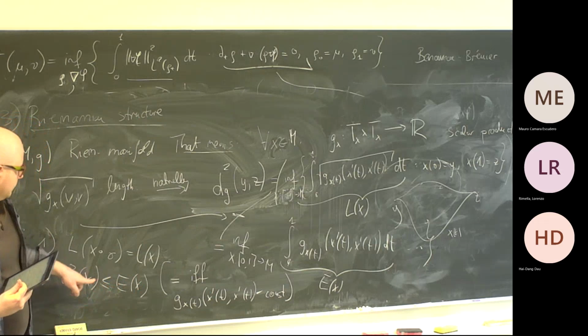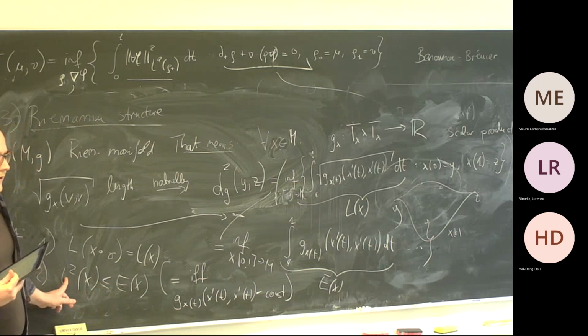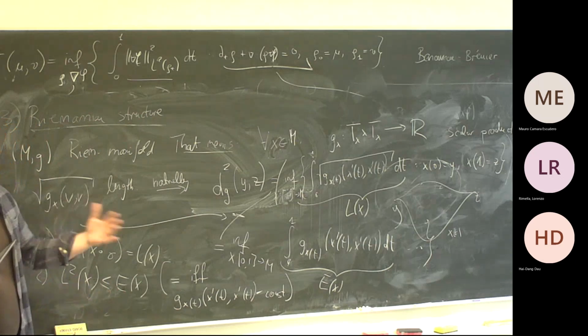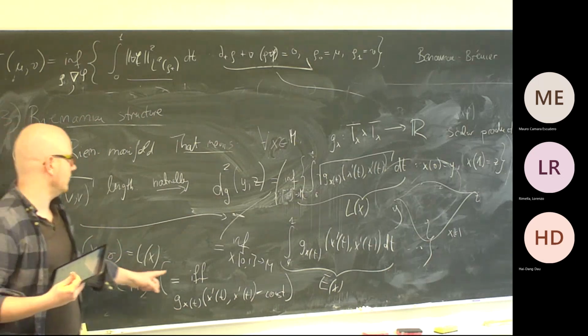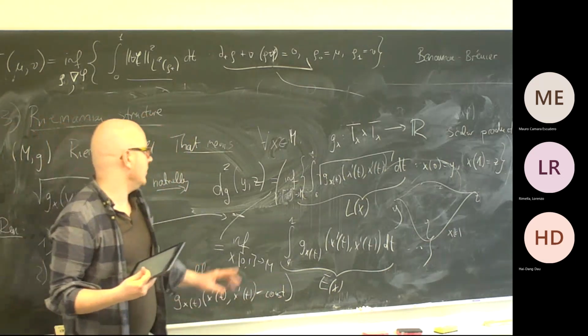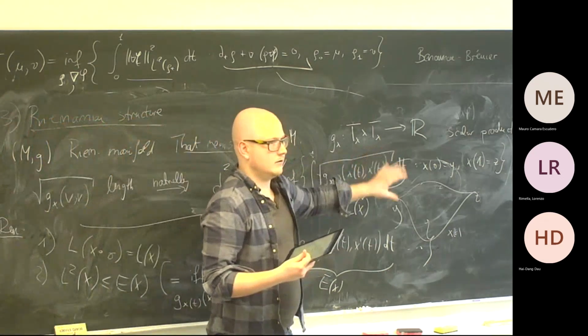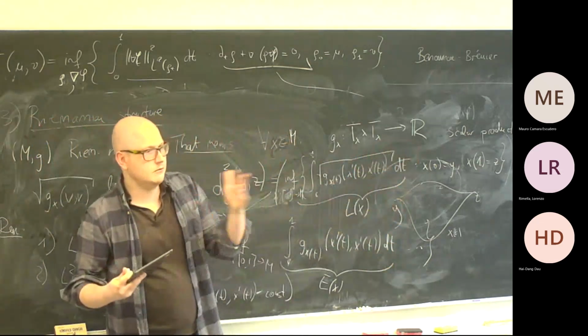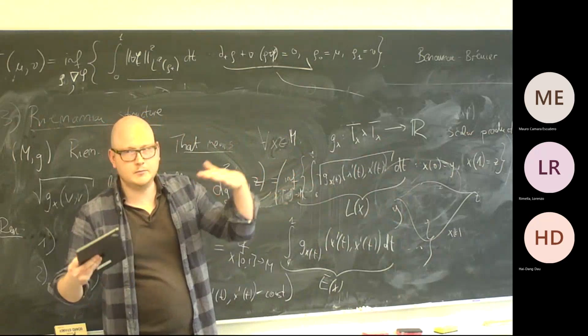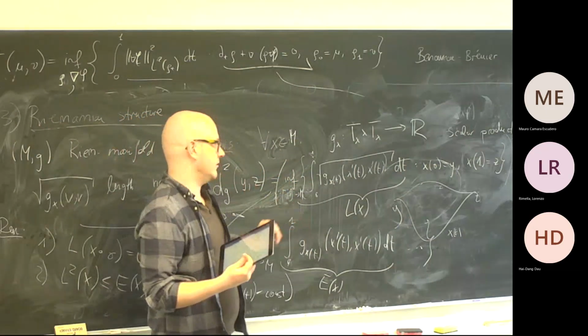So minimizers of E are also minimizers of L. And the beauty of minimizing E instead of L is that if we do this, then automatically we get this nice parameterization. If we minimize L instead, then we've got a huge non-degeneracy. We get lots of solutions which are essentially the same, because they can be reparameterized and end up the same after reparameterization.